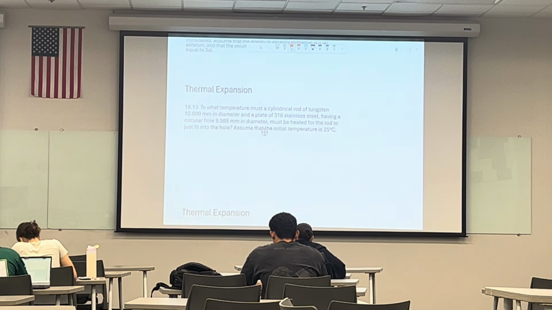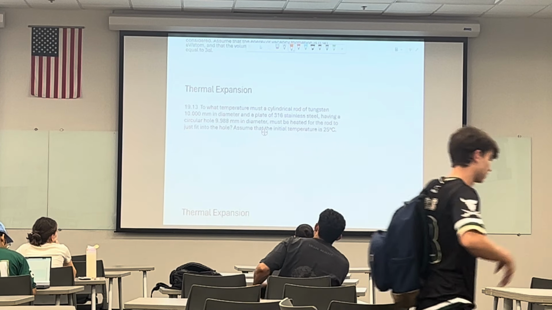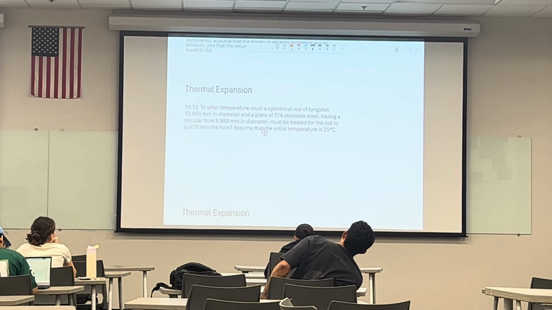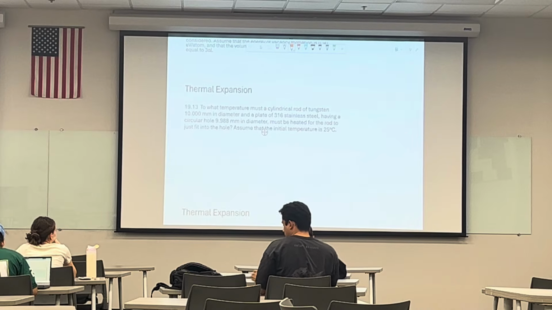Basically, to what temperature do I need to heat up the plate to fit the tungsten rod? They're two different sizes, and we are to assume the initial temperature for both is room temperature.